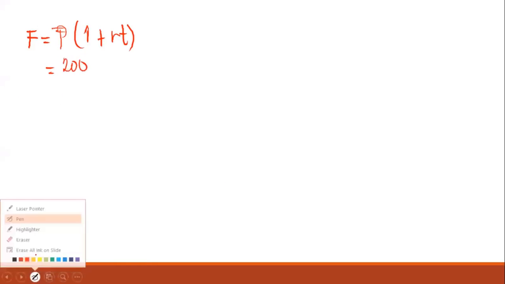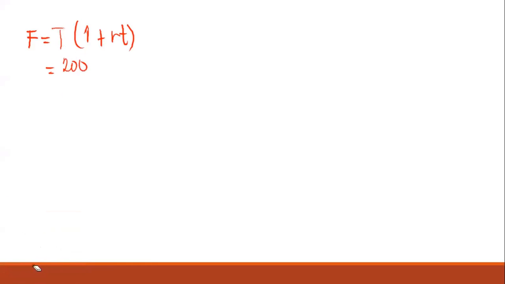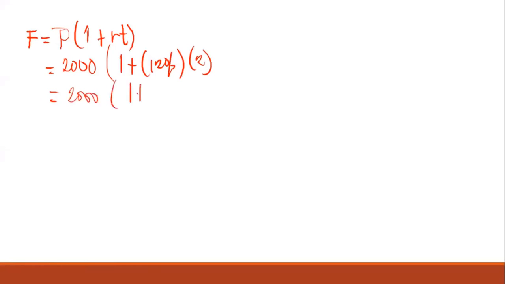So, 2,000 times 1 plus the 12% interest times the 2 years term. So, 2,000 times 1 plus, convert muna natin yung percent into decimal, so 0.12 times 2.